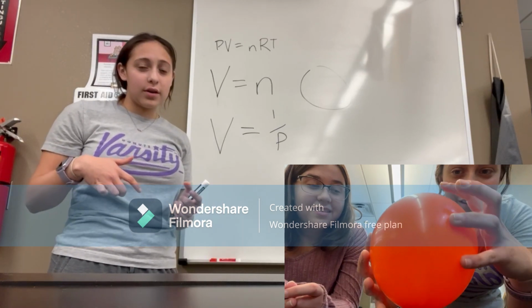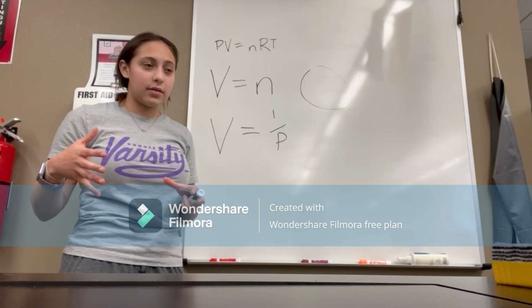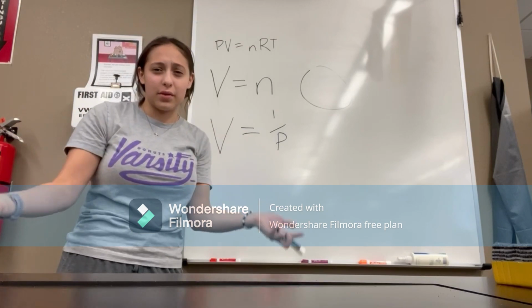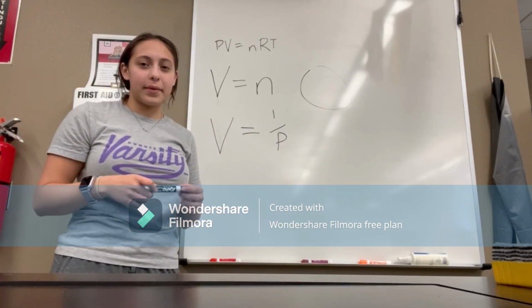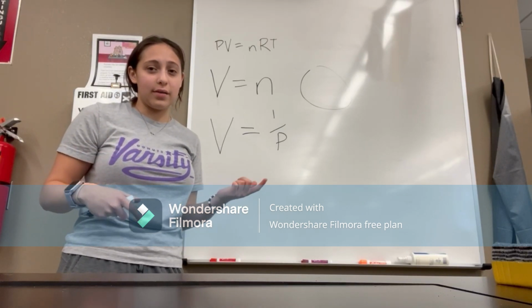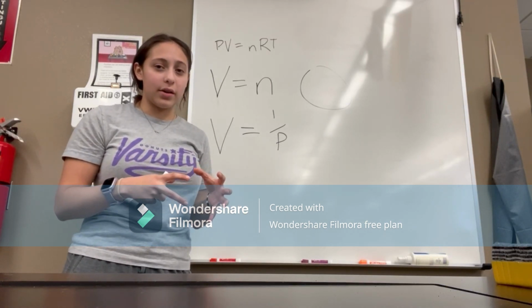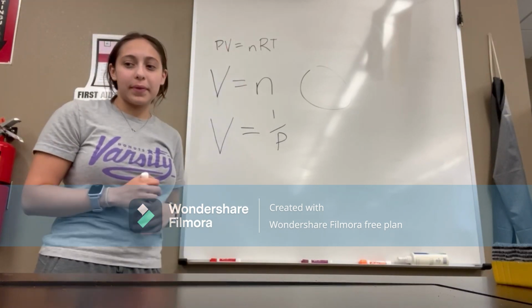If you were to increase the volume, the pressure would decrease because there's more space for the same amount of stuff to spread out. And if you were to decrease the volume, the pressure would increase because it's all getting compacted into a smaller volume, with still constant N and constant T.